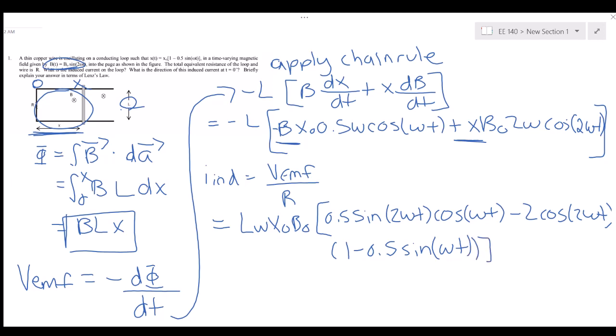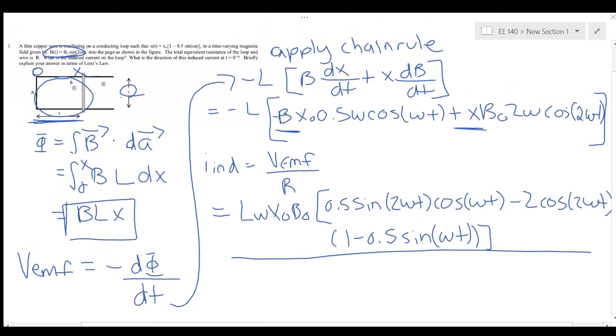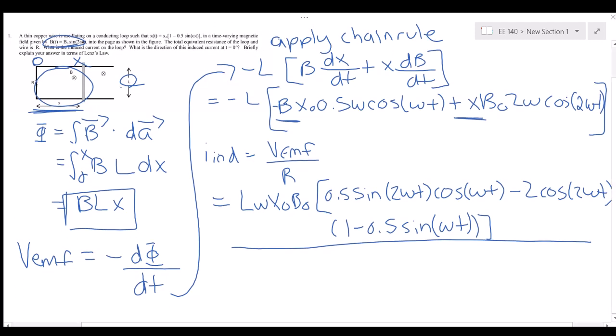And then this is over the resistance, which for this problem is stated to be just R. Okay, so that's the induced current for the problem, and we got that by factoring out the common terms and replacing x and B with the values stated in the problem.